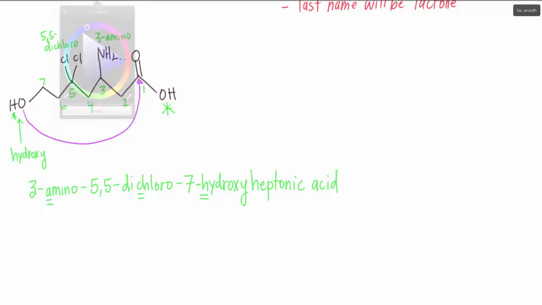Okay? So let me see, can I draw the corresponding lactone? So we're going to have 1, 2, 3, this. So let me put my double bond O here. Let's say we have 1, 2, 3, 4, 5, 6, 7. Okay, that's going to work.